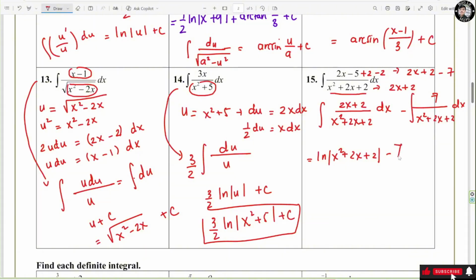So negative 7 times the antiderivative of ds over, I'm going to separate 2s plus 1 plus 1, so I have (s plus 1) all squared plus 1. And then this turns out to be ln absolute value of s squared plus 2s plus 2 minus 7 arctangent of (s plus 1), and then c.